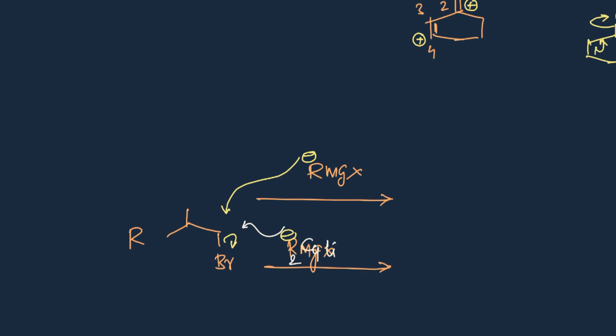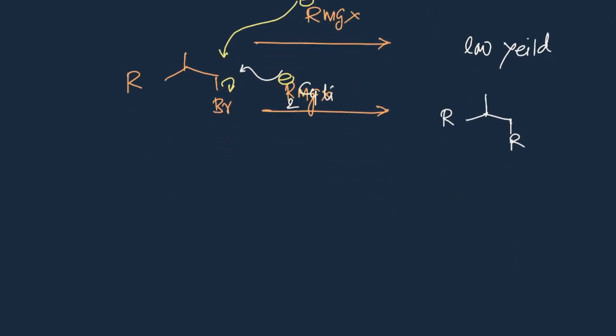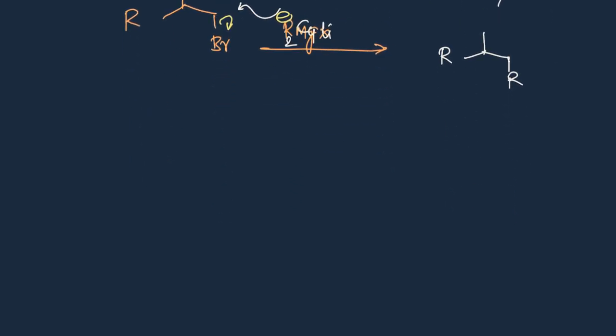So basically you will get the product here, this is R and this is R, at high yield. In this case you also get the product, but the product yield is low. So this is another difference particularly for the SN2 addition between the Gilman and the Grignard reagent.